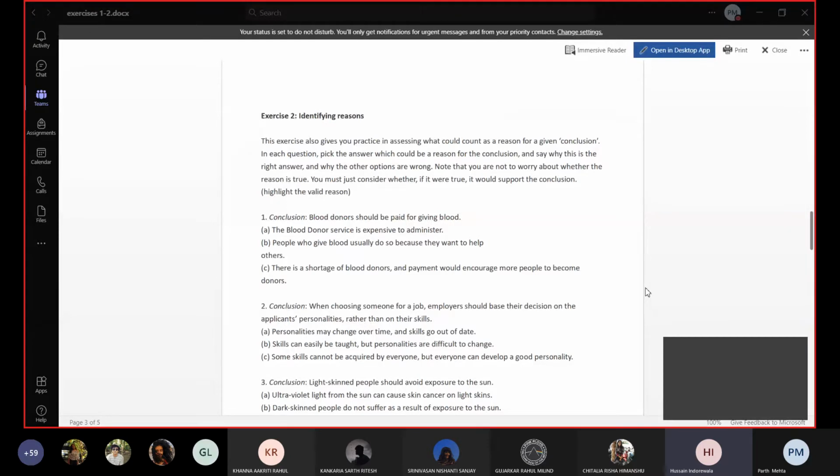It means that the conclusion has to follow from the reasons. So you read the conclusion, and then you highlight which one of the options is the valid reason for that conclusion. Again, this will happen after a discussion.